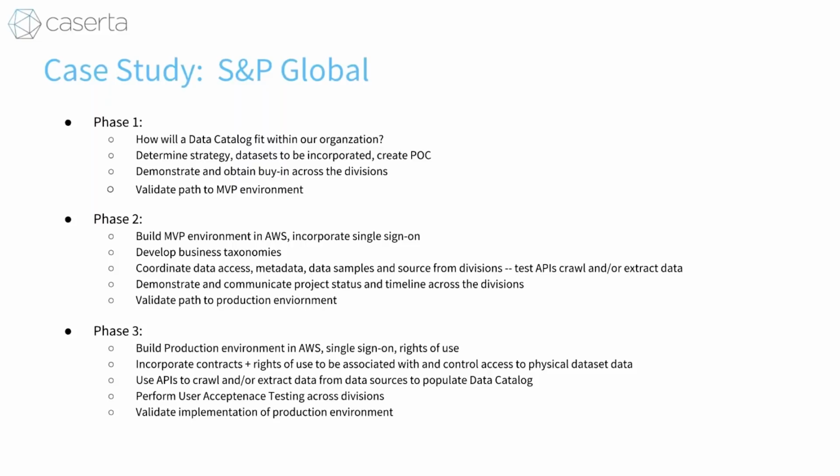So the user could use that for a finite period, and if they needed that data for a future use, they could either recheck it out or go back to the owner and ask for more availability. All controlled through the data catalog itself and through the back end of the architecture.